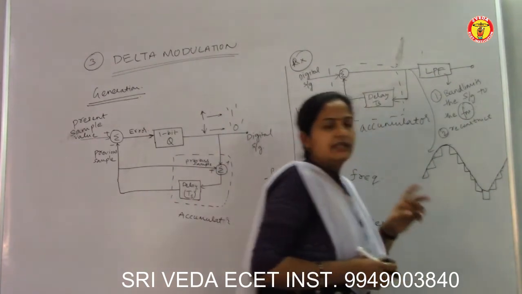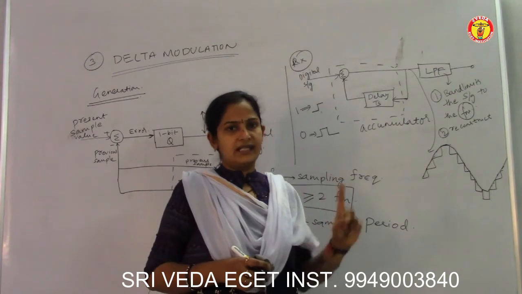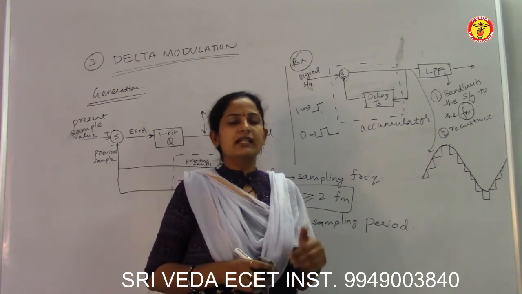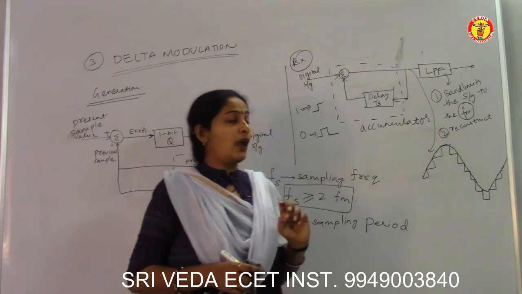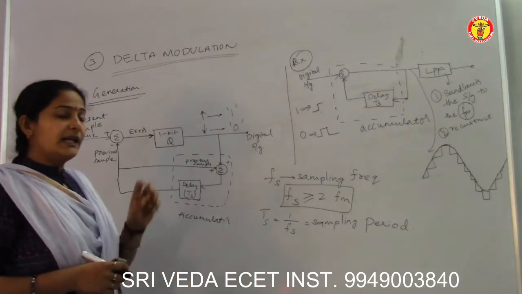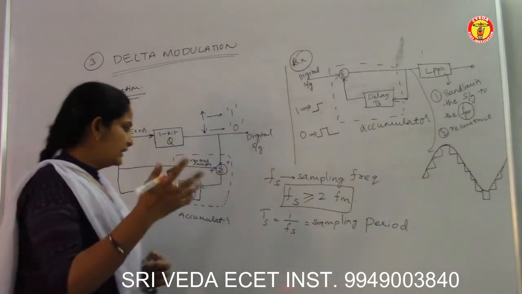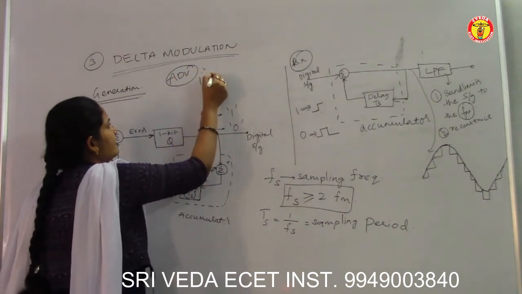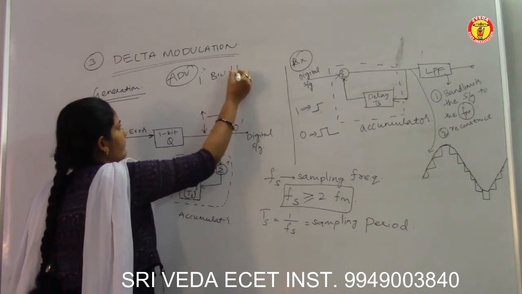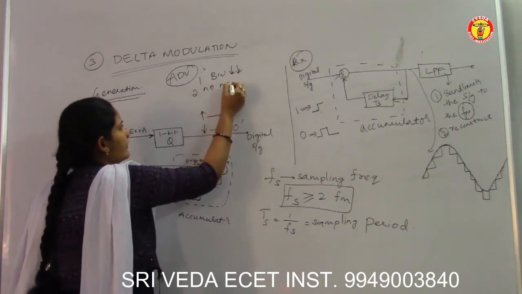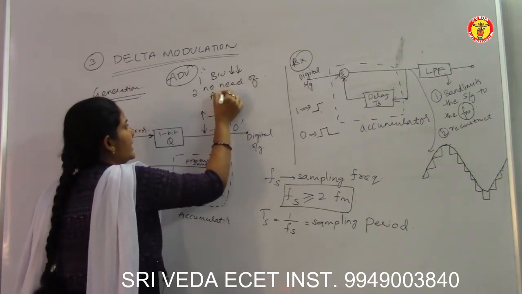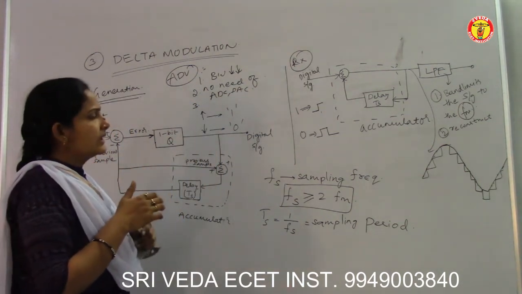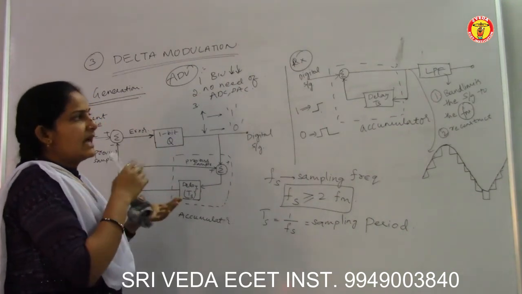The low pass filter first bandlimits the signal, and next the previous samples are smoothed and reconstructed.